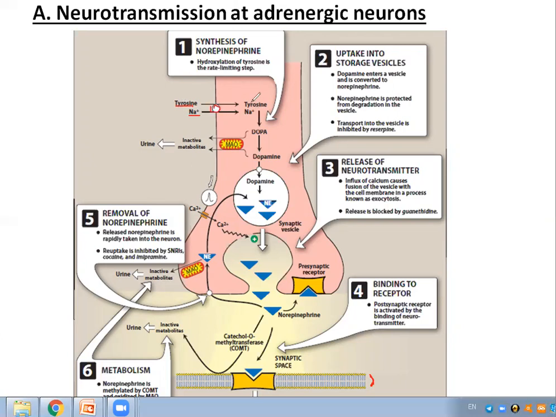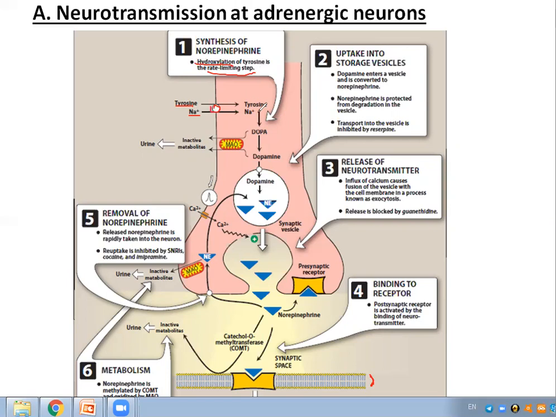The tyrosine then will be hydroxylated. So the first step after the entry of tyrosine and sodium is the hydroxylation of tyrosine, which is a rate limiting step. What do I mean by this? If the tyrosine is not hydroxylated, then the pathway will not continue to happen.